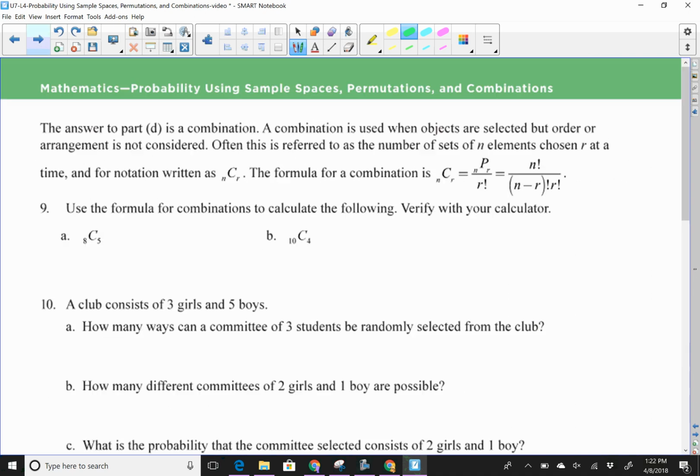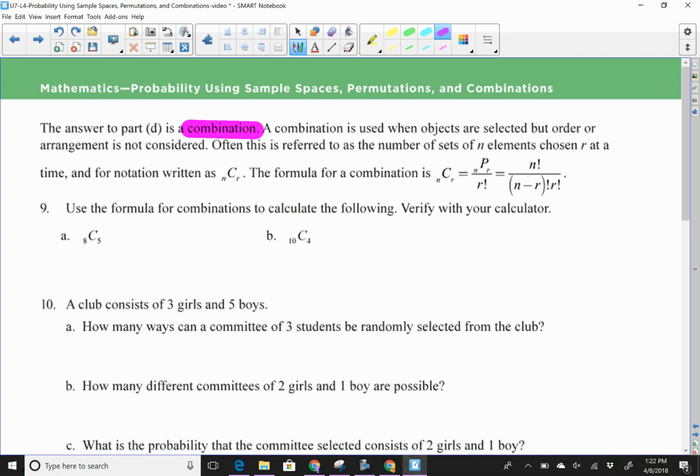Skip to the back. The last thing that we're going to talk about is something called combinations. This is the last way to figure out large sample spaces. A combination is used when objects are selected, but this time the order does not matter. So permutation, the one that has a P in it, is when the order matters.